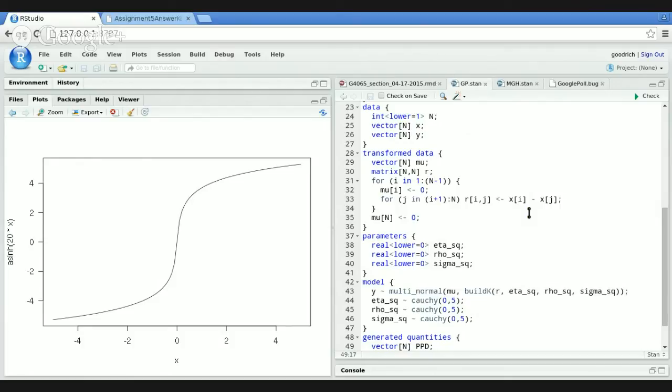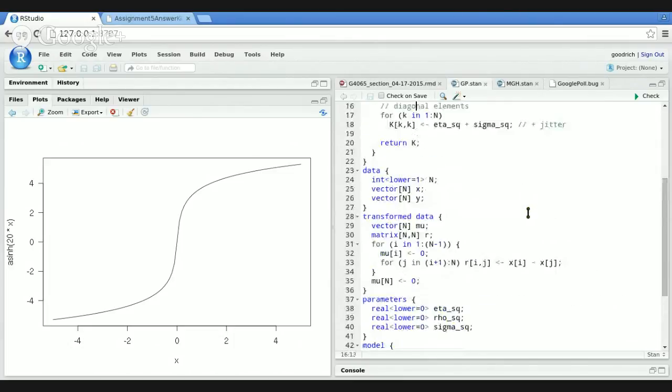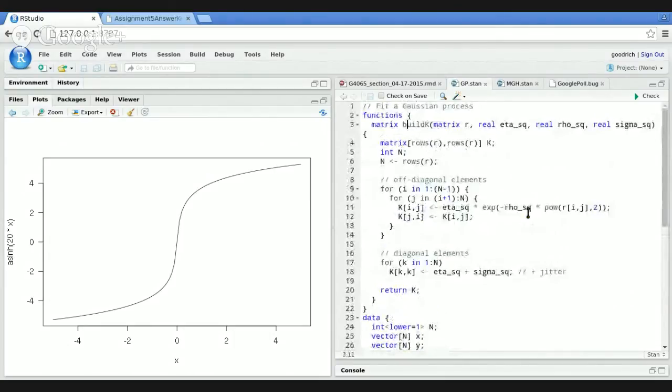We have some weakly informative priors on the hyperparameters, and then we can generate the posterior predictive distribution the same way, just by drawing from a multivariate normal that has that kernel matrix. And you can plug in whatever covariance function, kernel function you like, and just call it build k, and that's the only thing that you have to change.